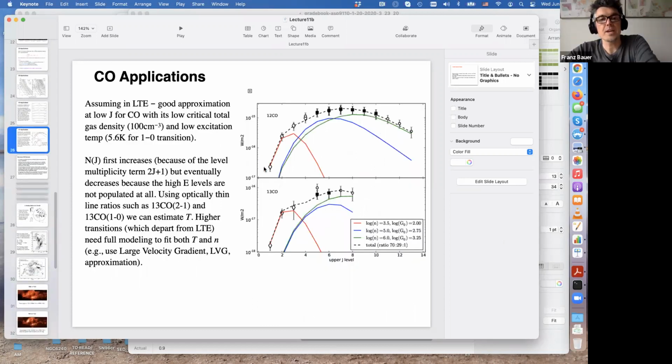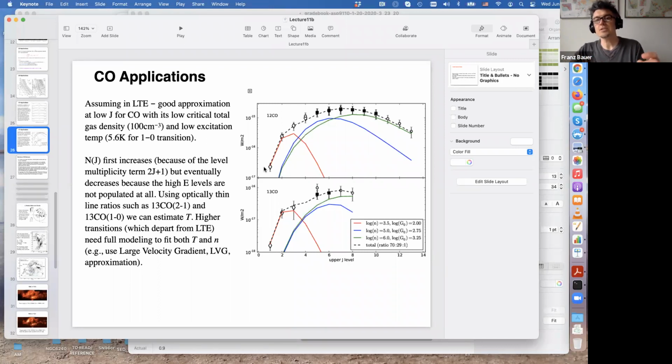Okay. Yeah. So what this is showing is the intensity of each J value. Let's say you have a uniform density material, a gas, mostly hydrogen with a little bit of trace CO and 13CO and other things and dust.